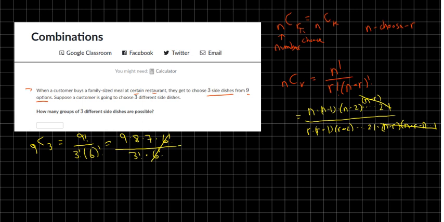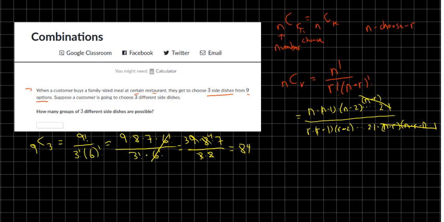And this 3 factorial, so now I have 9 times 8 times 7. This 3 factorial is 3 times 2 times 1, but I'm not going to put that. And let's see, 8 divided by 2 is 4, and 9 divided by 3 is 3, so I have 3 times 4 times 7, or that is going to be 12 times 7, which is 84.